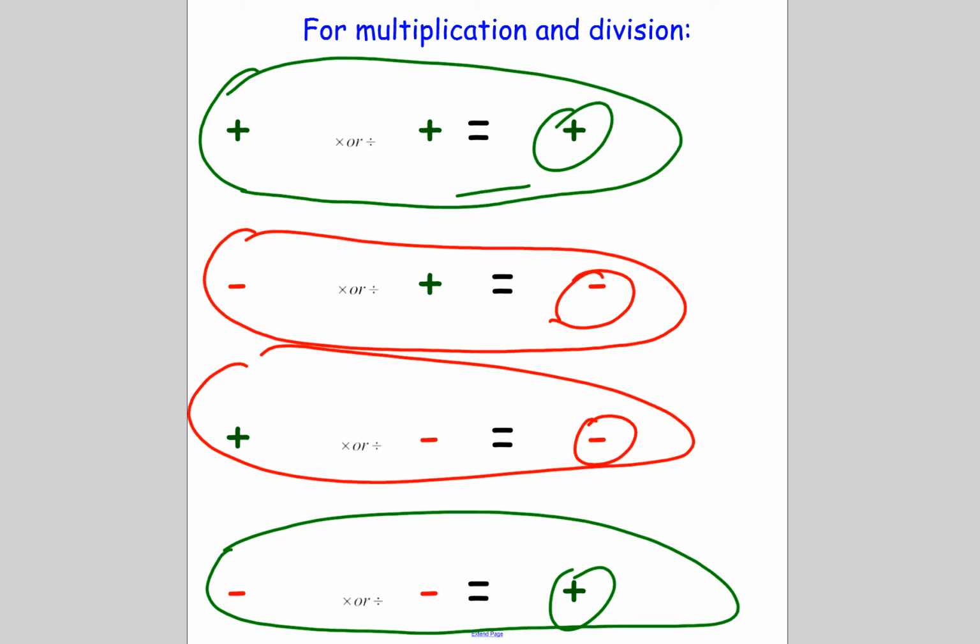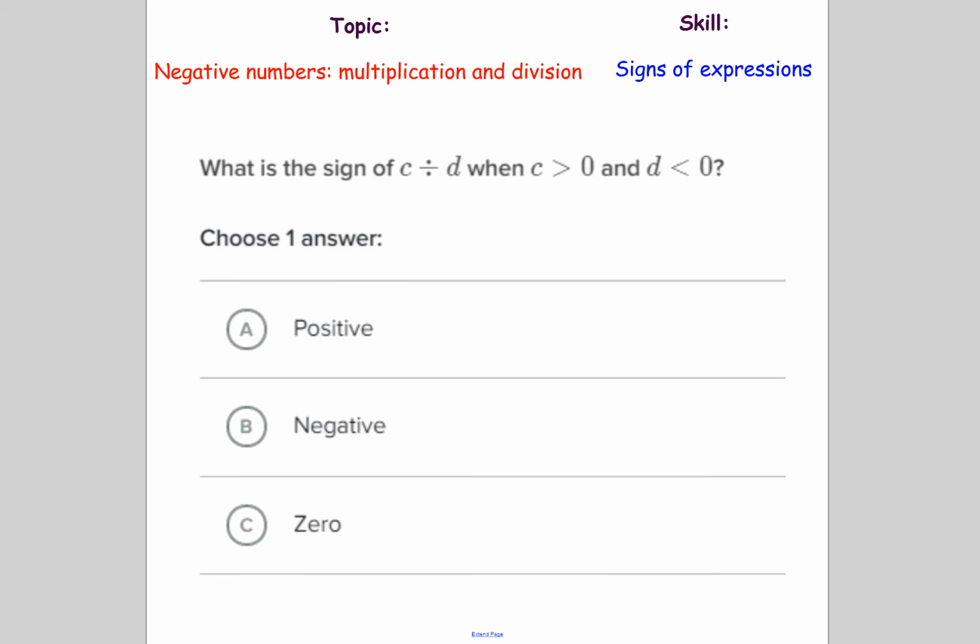I know that was 3.5 minutes, it looks like so far, but this was really helpful for figuring out the signs of numbers when you multiply. So let's go. What is the sign of C divided by D when C is greater than 0, which means C is a positive number, divided by D is less than 0, which is a negative number, right?